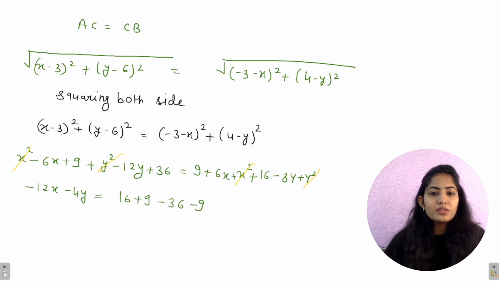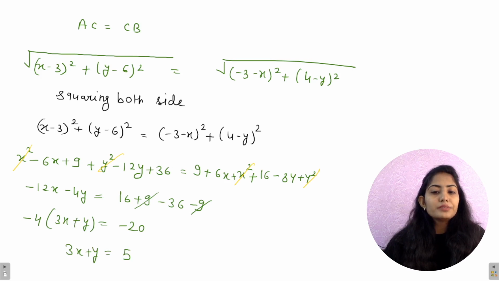This 9 is also cancelled out from this 9. So that will be equal to minus 20. Taking minus 4 as a common factor, it will come 3x plus y. So 3x plus y is equal to 5.